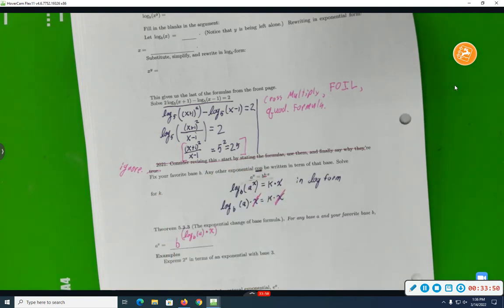So if someone hands you an exponential and you don't want to work in terms of that exponential, here's how to change to the exponential you'd rather work in terms of. I guess this can also be interpreted as follows. Log base b of a, you should think of that as being a constant.